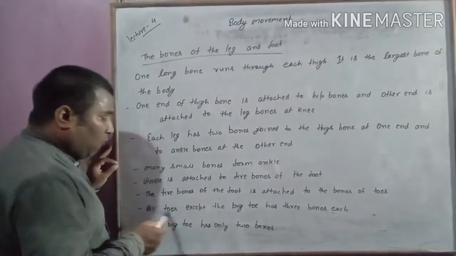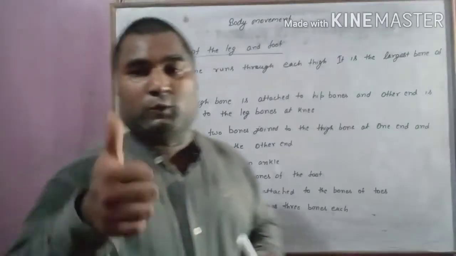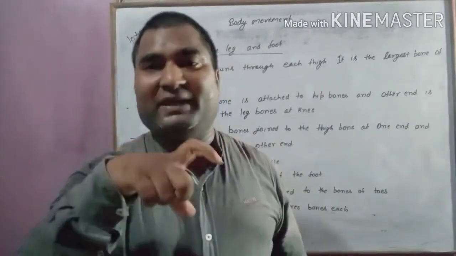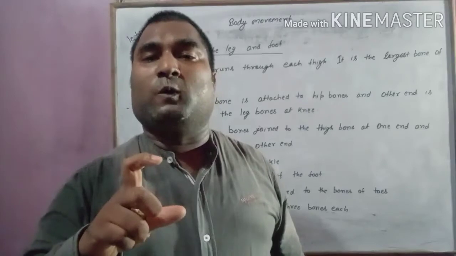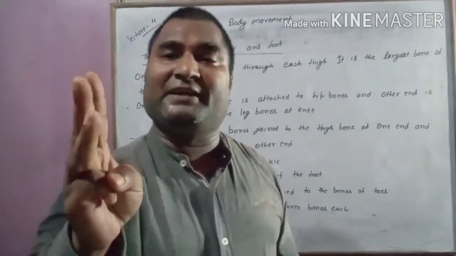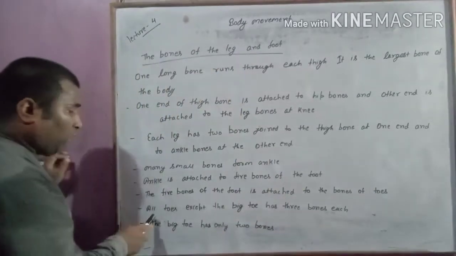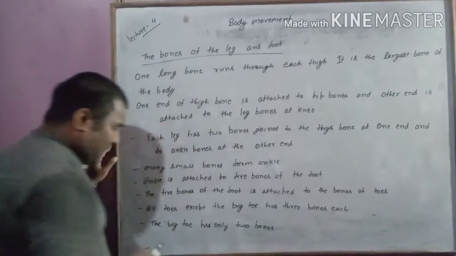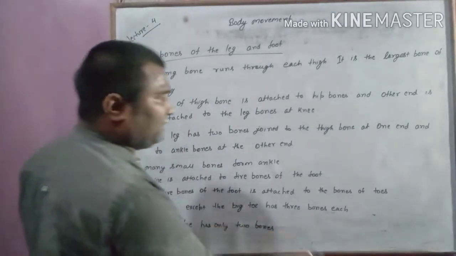All toes except the big toe, which is the same as the thumb, the bigger one. So the big toe has 2 bones and the remaining 4 toes have 3 bones each.